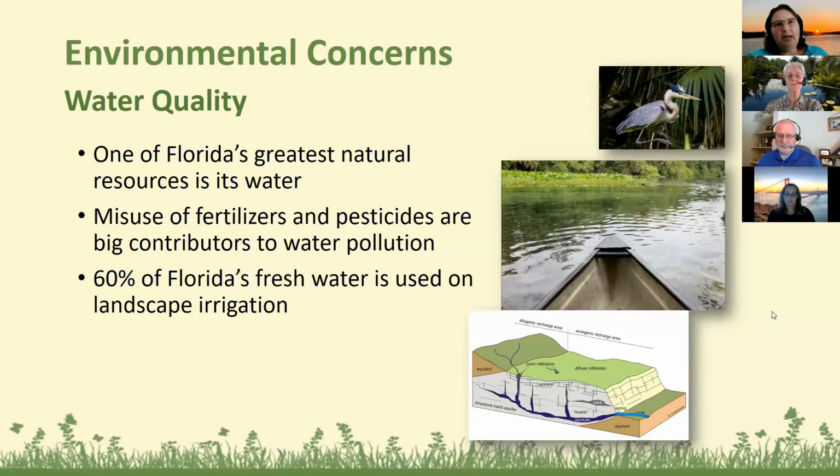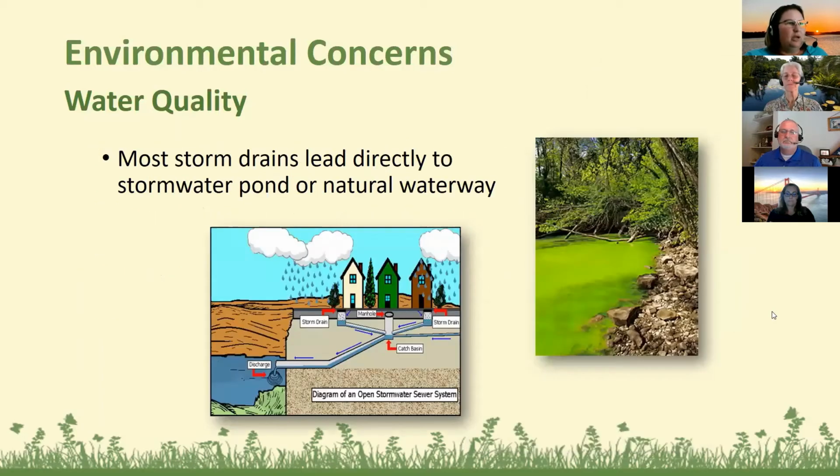When we over-irrigate our landscapes, it pushes all of that stuff, grass clippings, fertilizers, pesticides, out into natural bodies of water and causes some of that water quality problem that we have. So if we can reduce that over-irrigation, we can help better our water quality or prevent pollution from heading downstream.